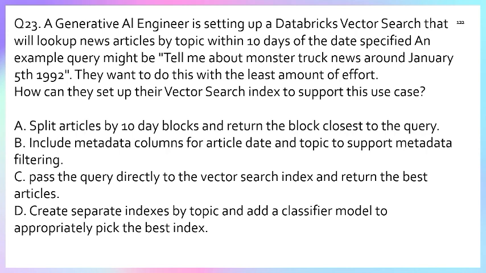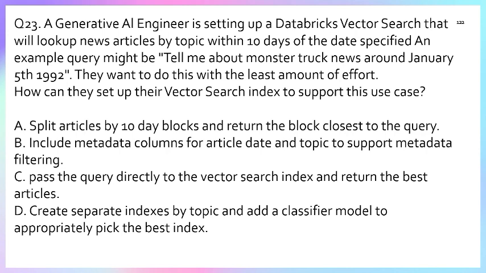This is the correct one. Why? To support the use case of looking up news article topics within 10 days of a specific day with the least amount of effort, the most efficient approach is to include metadata columns for the article date and the topic directly within the vector search index.